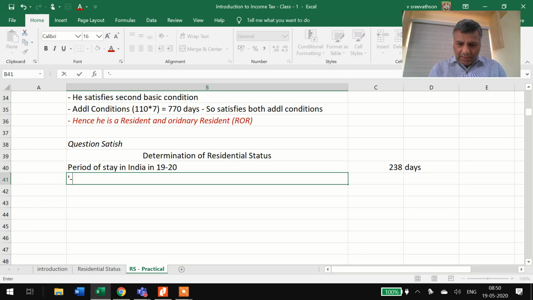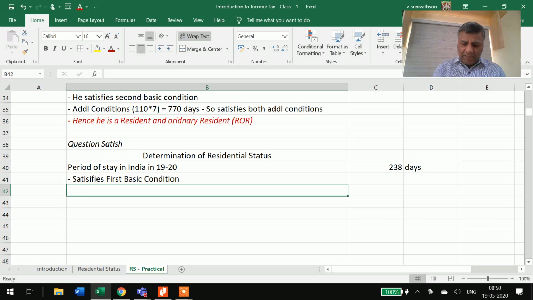Okay, it satisfies the first basic condition. That leads me to the additional conditions. Two years of 145 plus 195 only in the past 7 years. Easiest additional condition to check.